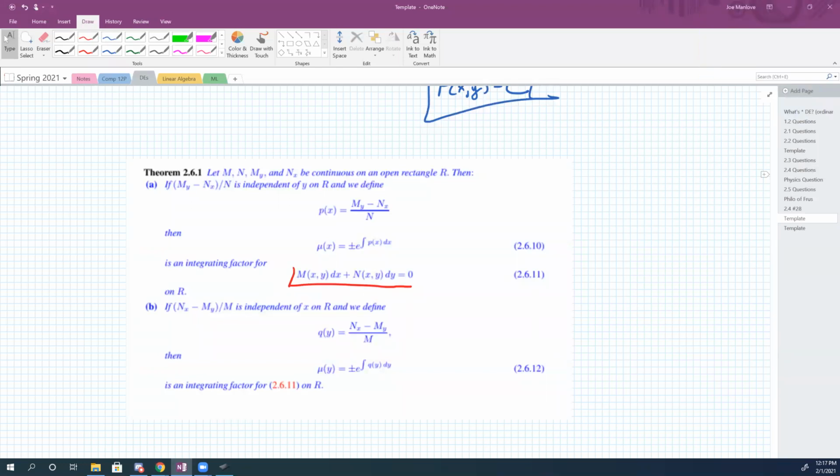Not really why it's valid, but my main question was, if both ways work, and you get mu's for both of them, but they're different, and they're both functions of single variables, why, if you go back and multiply by that integrating factor, do you only use one of them? Oh, why is only one of them necessary? Yeah, because in the book it says mu can be a function of x and y. It certainly can be. Yeah.